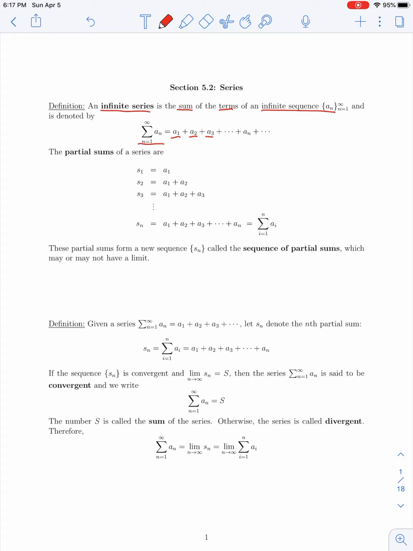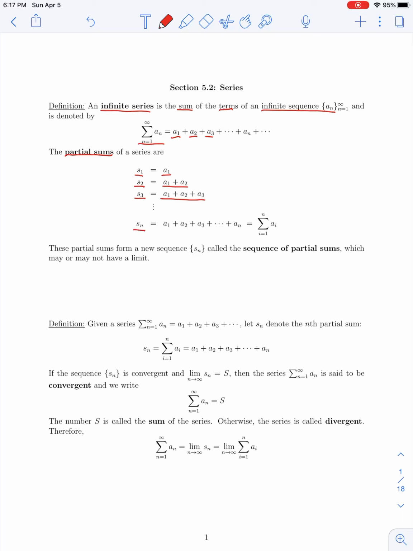Now, for any infinite series, we would define the partial sums of that series as follows. S1 would be just the first term of our series, a1. S2 is the sum of the first two terms, S3 is the sum of the first three terms, and so on.